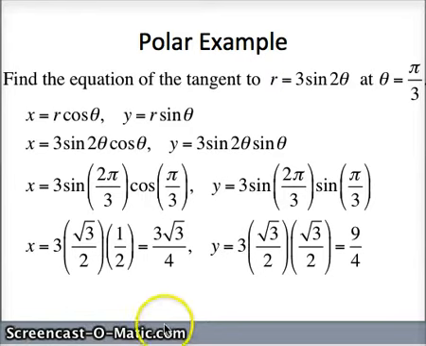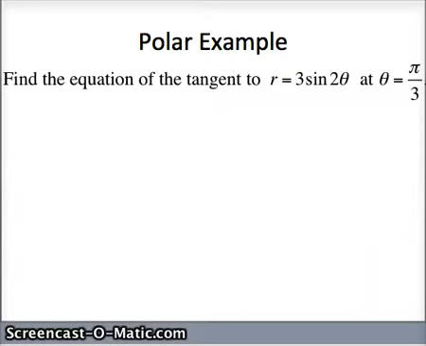So making those substitutions, our x value is 3√3/4, and our y value, √3 times √3 is 3, times 3 is 9, 9/4. So we have the point x, y, and we have the slope m. That's enough for us to find the equation of the tangent line, which is what we're looking for.